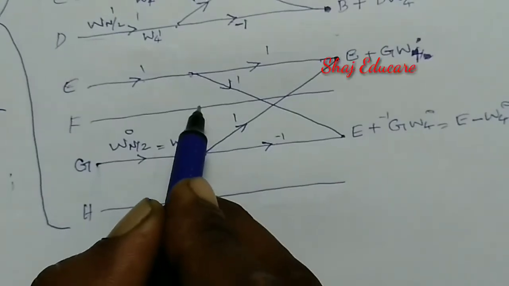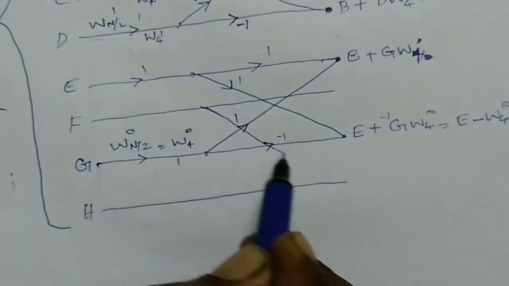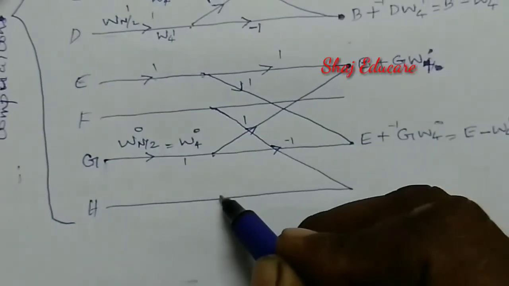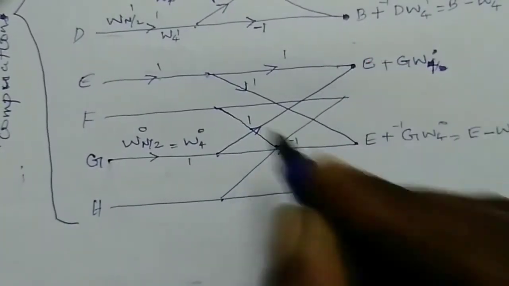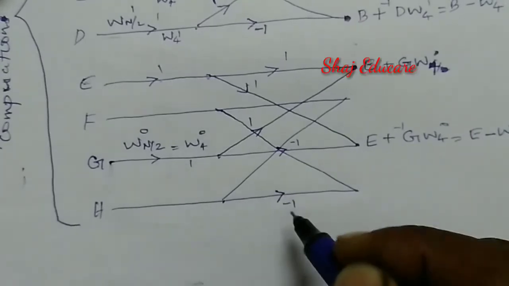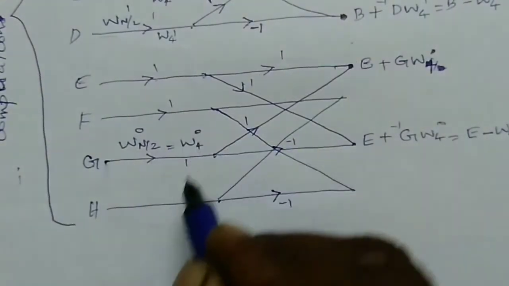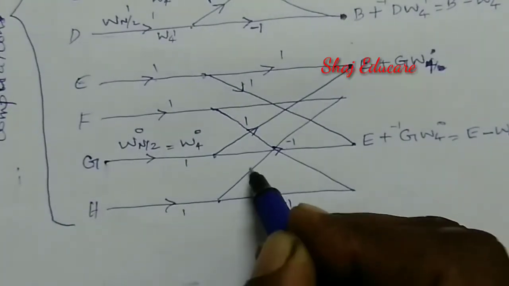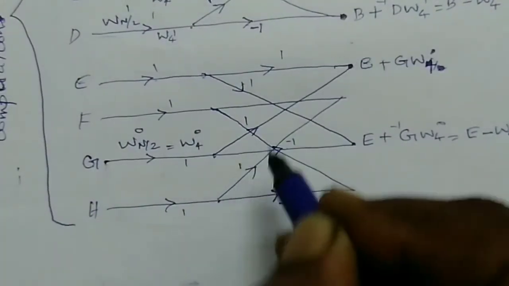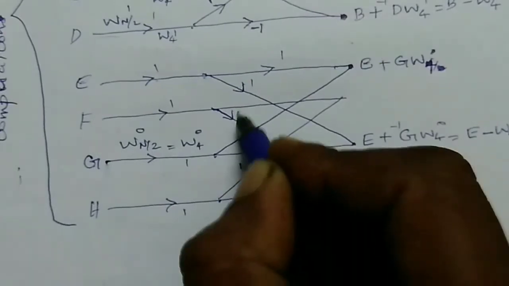Now let us complete the interconnections like this from here to here, and now connect back from H to F. Here the gain is equal to minus 1, and in all other cases gain is equal to 1, downward also 1.